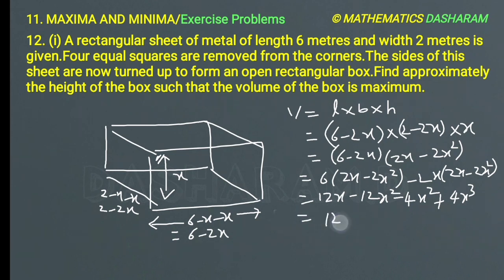So 12x minus 16x square plus 4x cube is the volume of the rectangular box. So this is a function for the volume.